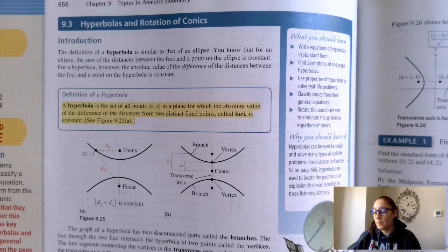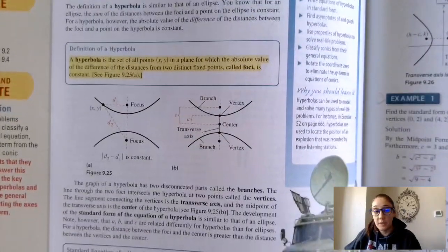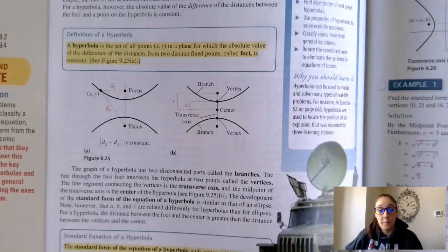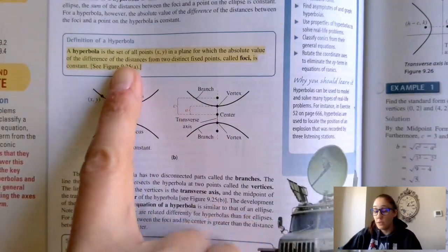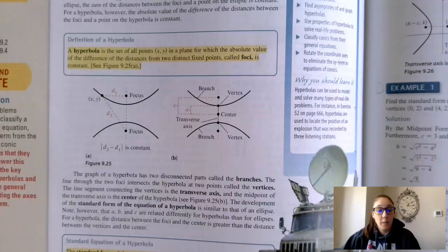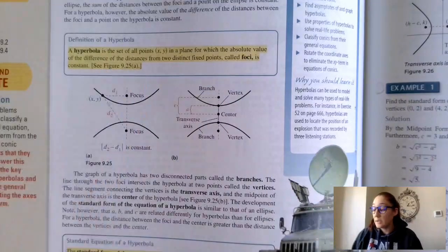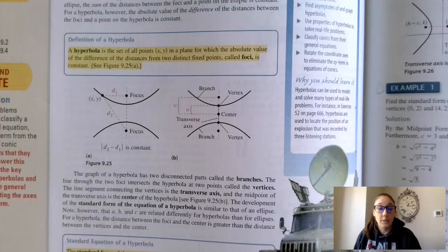The definitions of a hyperbola and an ellipse are pretty similar actually. I'll just read you the definition. We have a set of points, x and y, where the absolute value of the difference of the distances to the two foci is going to be the same.